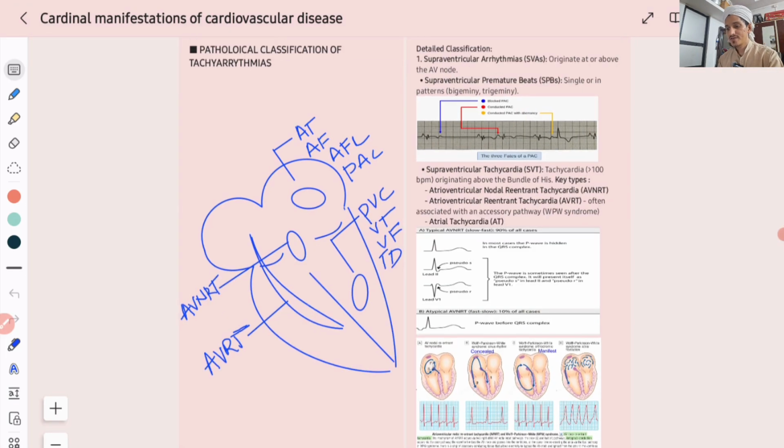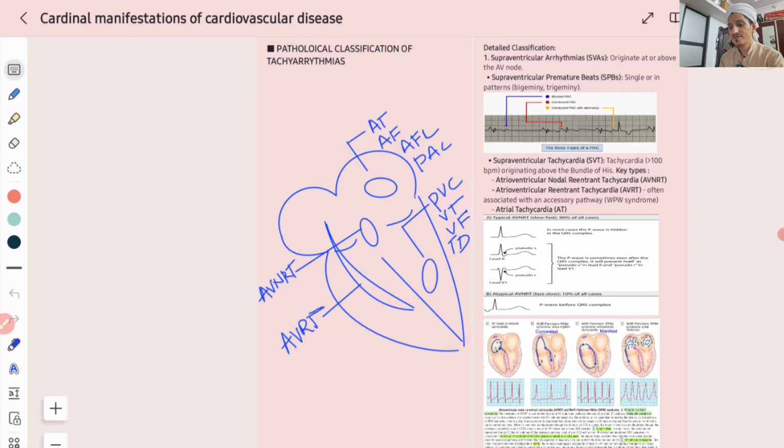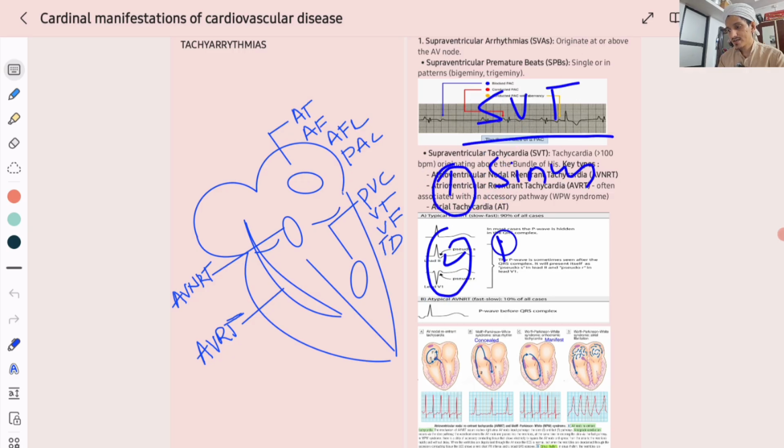I have drawn this just to know the site of generation of different types of arrhythmias, so that it is easy to understand. Just to revise, SVT has sinus tachycardia and non-sinus tachycardia.